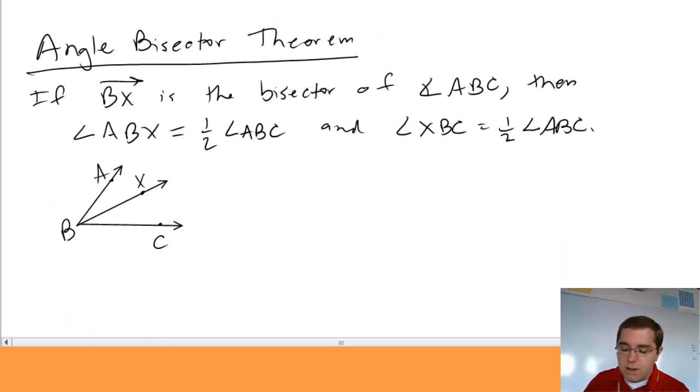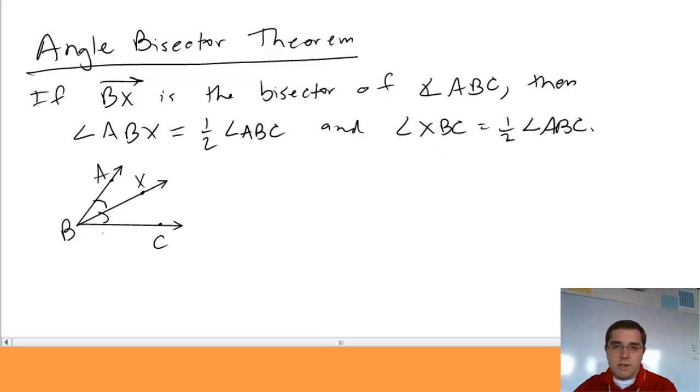And very similarly, the angle bisector theorem tells us if we have a ray that bisects an angle, so if ray BX is the bisector of angle ABC, then angle ABX equals 1/2 of angle ABC. So this angle, angle ABX, is half of the whole angle, and angle XBC is half of the whole angle.